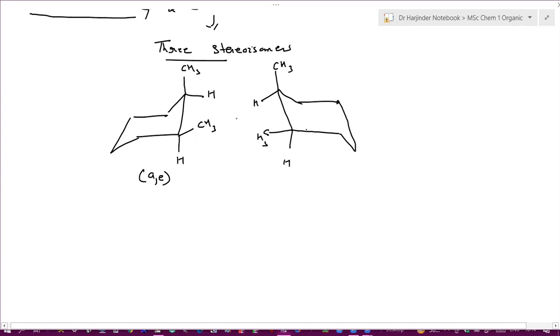And both are mirror images of each other. So both equatorial-axial and axial-equatorial flip into each other to give rise to mirror images of each other. Due to this rapid flipping, we cannot separate them and they exist as a single stereoisomer. Both are the same.